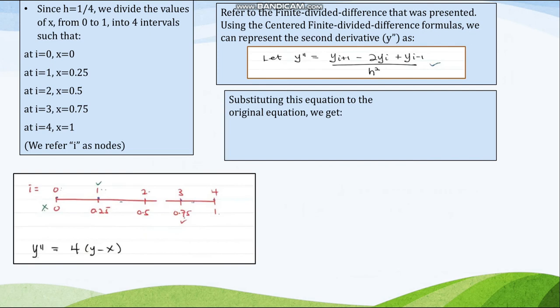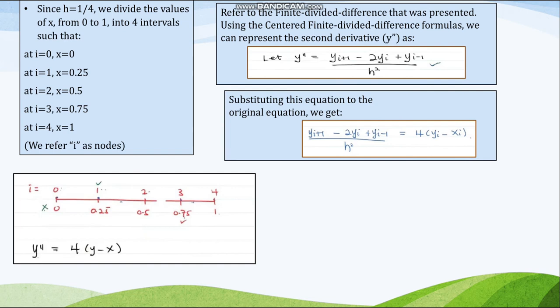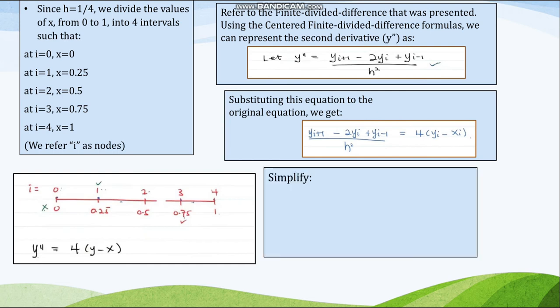And substituting this into the original equation, we get y sub i plus 1 minus 2y sub i plus y sub i minus 1, all over h squared, is equal to 4 multiplied by the quantity y sub i minus x sub i.